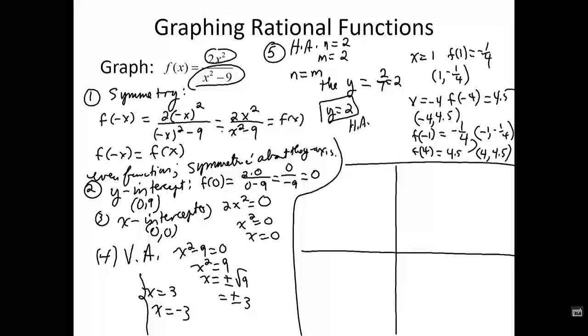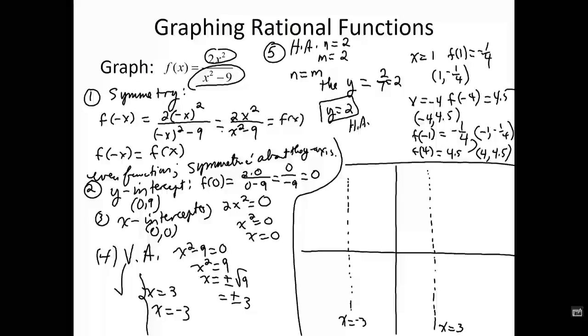Okay. So we know that the vertical asymptotes are the lines x is equal to -3 and x is equal to 3.